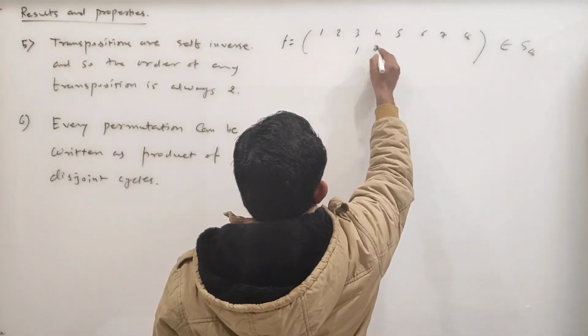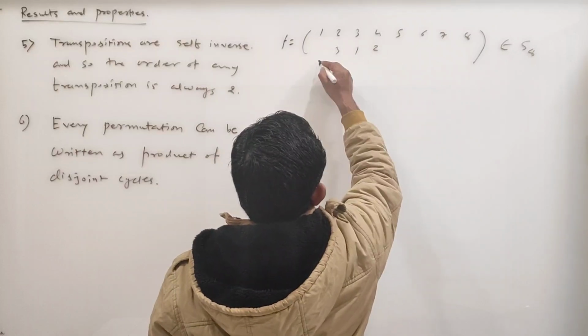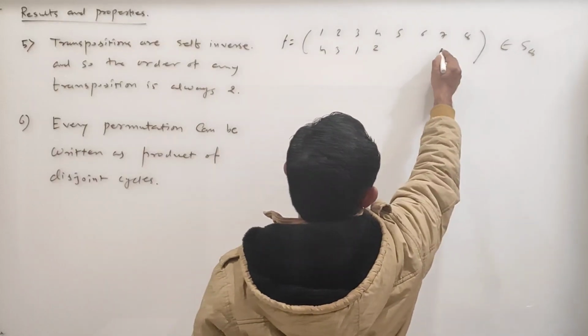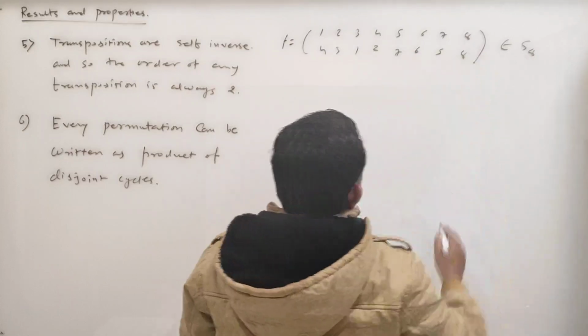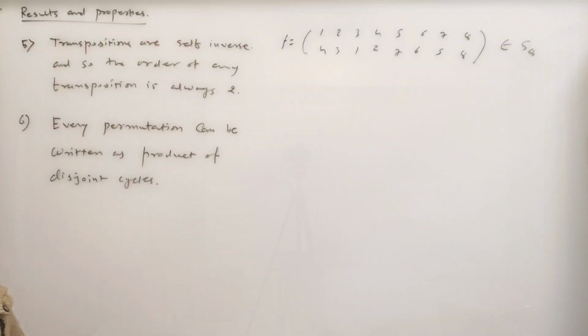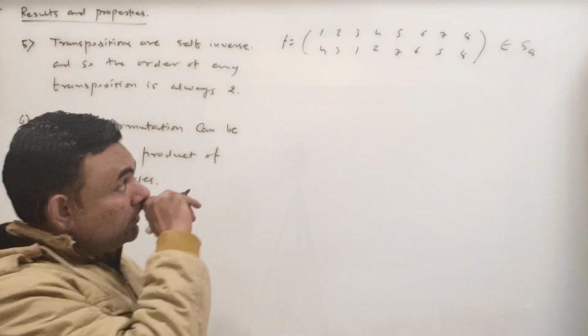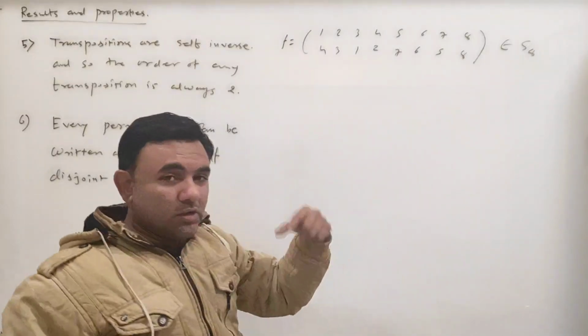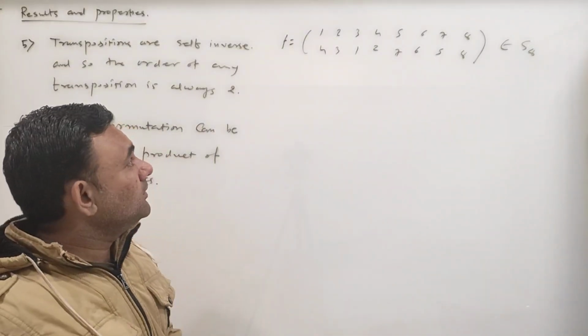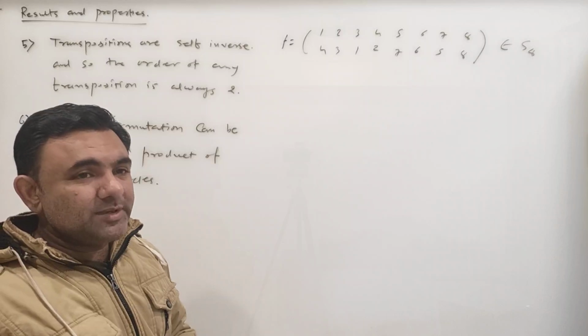Consider in this way, right? So I want to express this f as a product of disjoint cycles. So how can I express it?